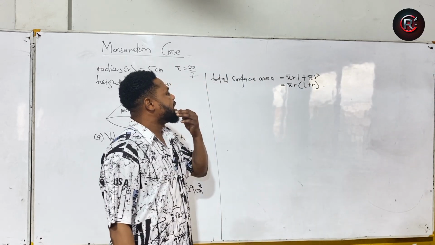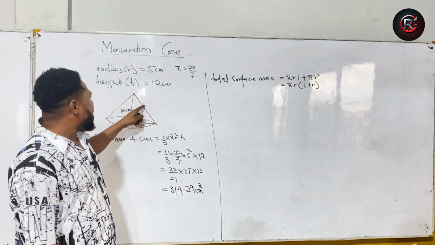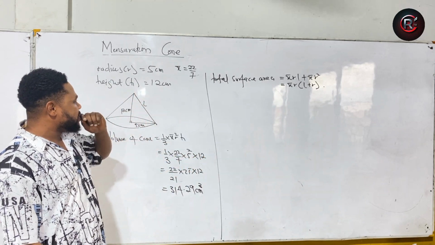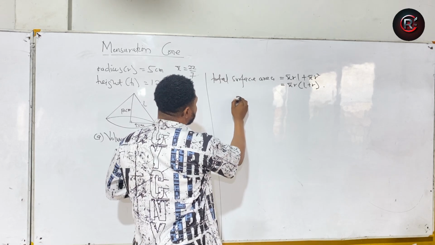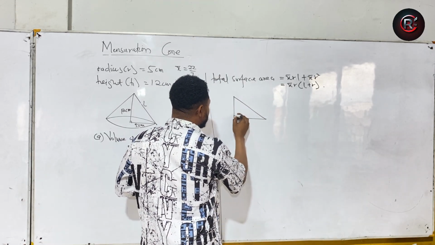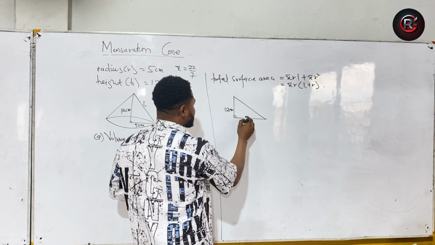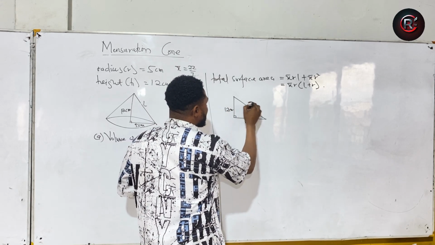So this is the formula that we can use. But from the formula, we don't know our slant height, which is the L. So before we can find the total surface area, we need to first find our L. So here, 12 centimeters, 5, our L.